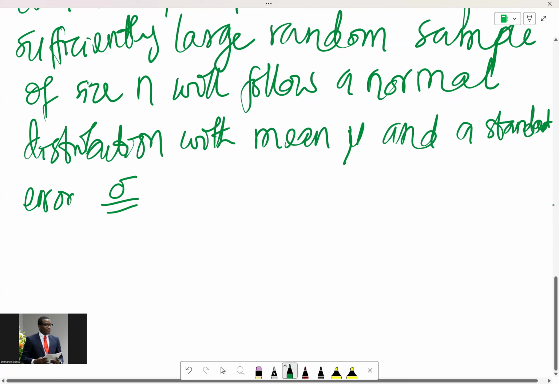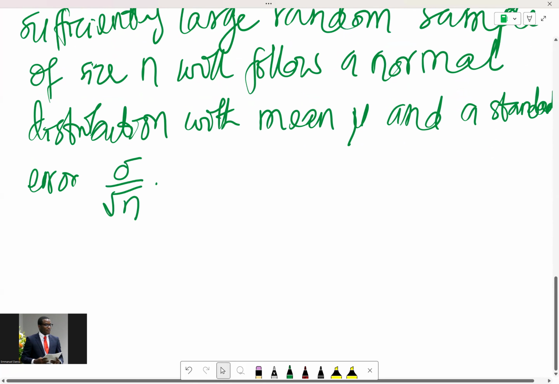Standard error sigma over the square root of n, as we saw under the law of large numbers. So there's a key resemblance.